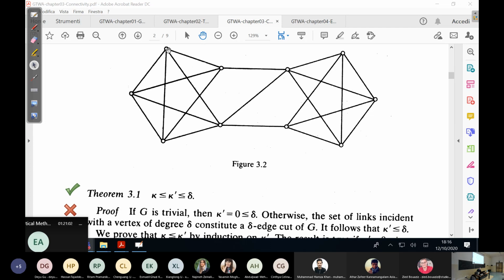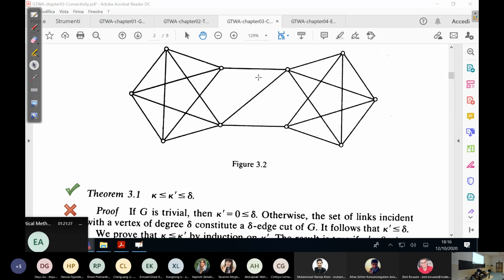Let's see, 4, 4, 4, 5, 4, 4, 4, 4, 5. So 4 is small delta. But we can see that if we delete these three edges, we disconnect. And so 3 is strictly less than 4, which is small delta.